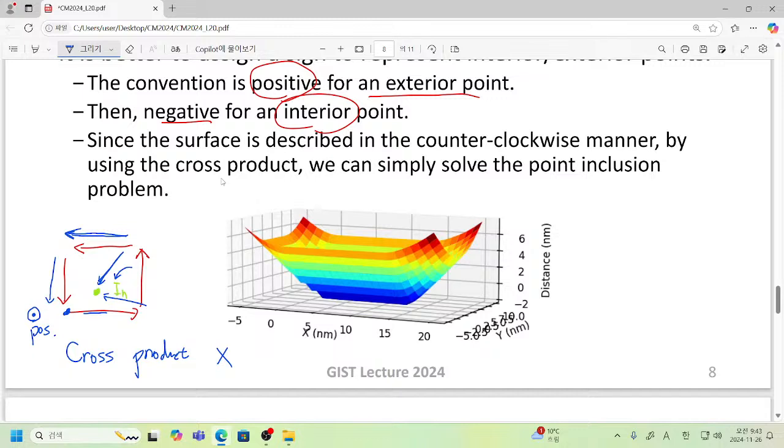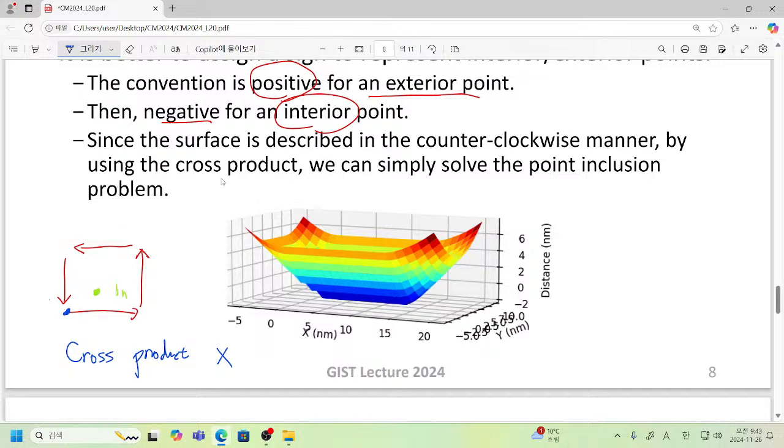And what we can expect is that all of these cross products are positive. None of them is actually negative.